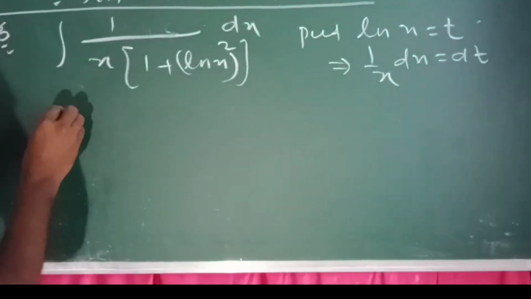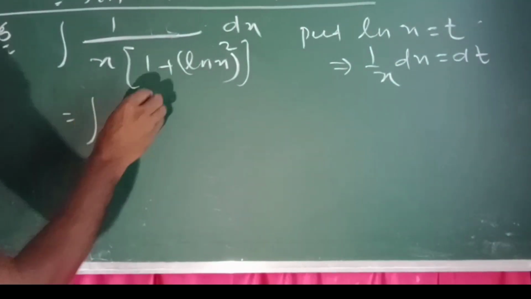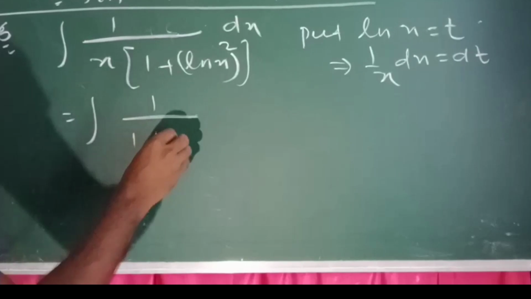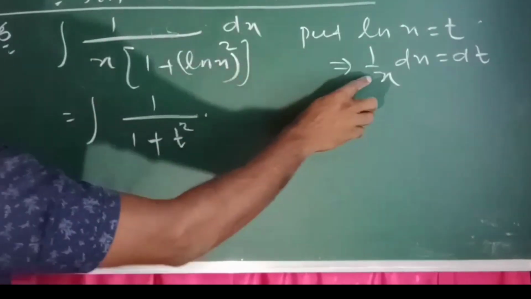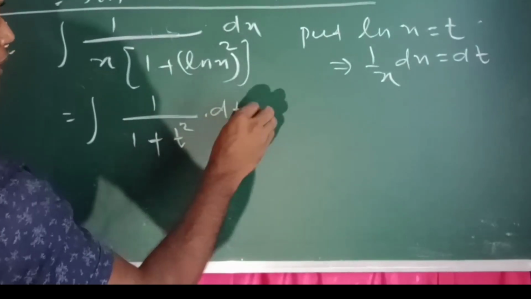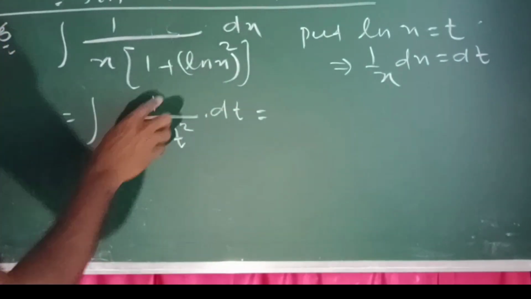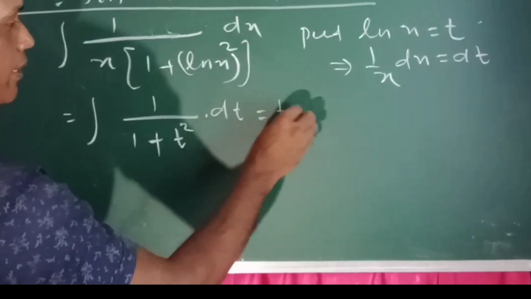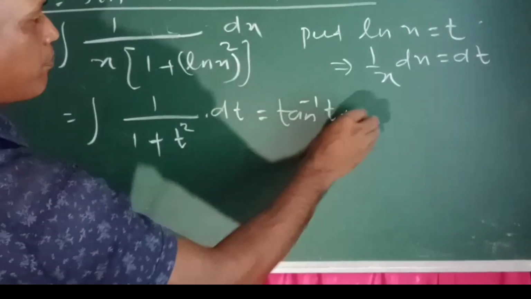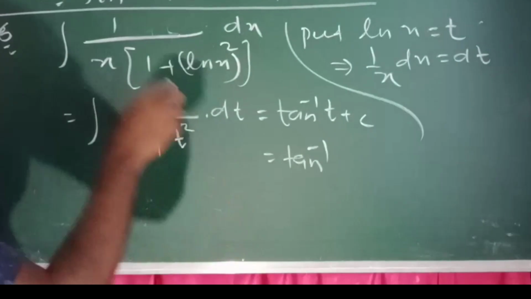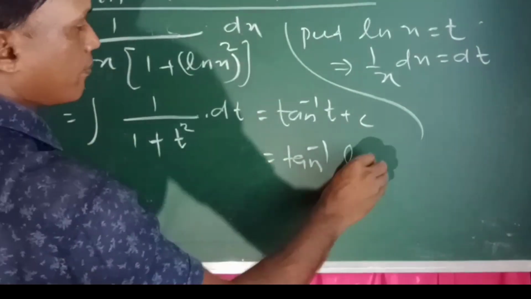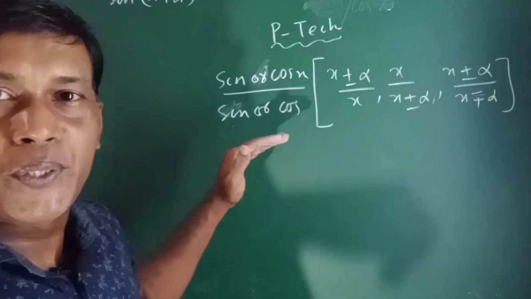Now substitute here: 1 by 1 plus t square into dx by x. Dx by x is dt, and this is 1 by 1 plus t square, meaning the integration is tan inverse t plus c, and tan inverse t is equal to tan inverse of ln x plus c.